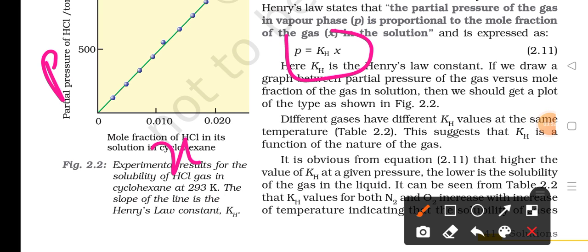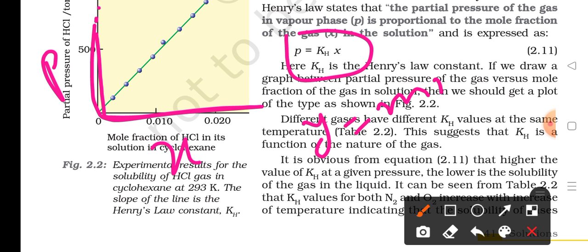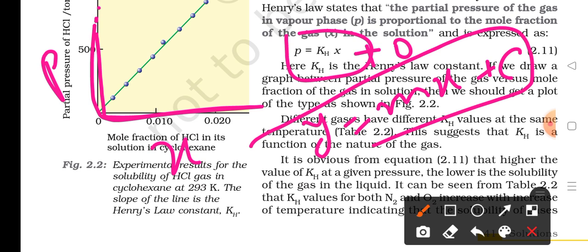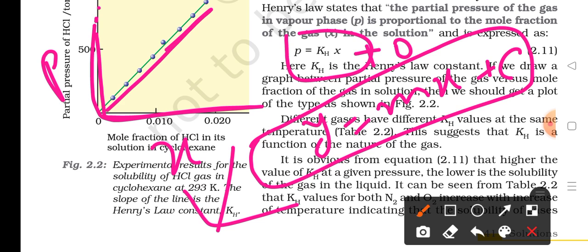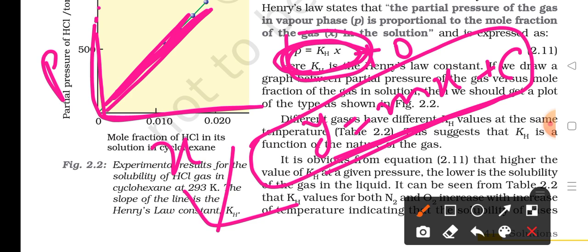From this equation we are going to create this graph, and since it looks like y equal mx plus c, where here c is 0, we get a straight line, something like this. That's why this graph is a straight line, because this equation is the same as y equal mx plus c. We learn these things in mathematics.